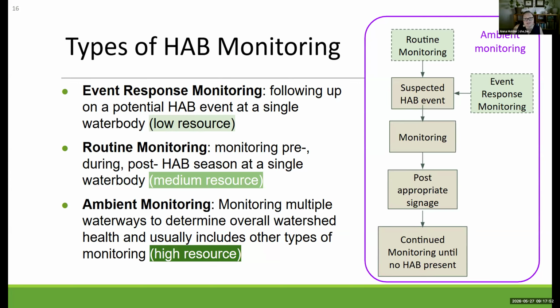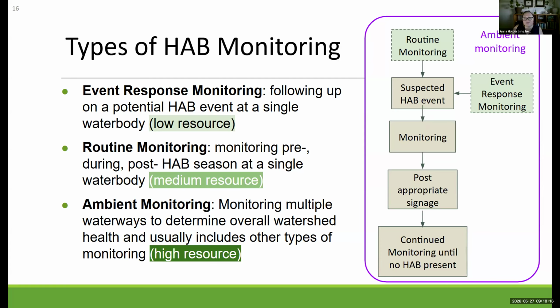Again, our program focuses primarily on event response, as it's the lowest resource intensity and can be implemented on a larger spatial scale, which is important considering California is such a large and diverse state hydrologically and with the different HAB environments.